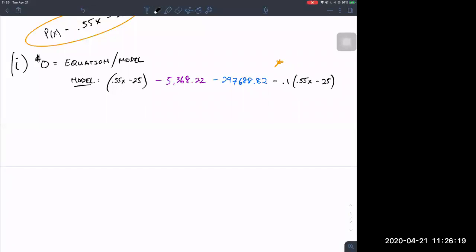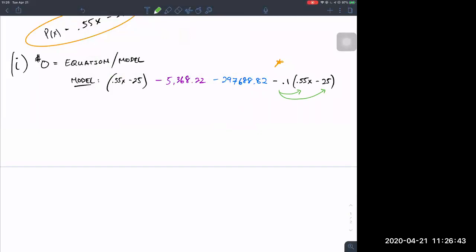Don't write this part down, but if in green you distribute this negative 0.1 and then set this entire model equal to 0, you will still get the correct answer as long as there are no algebraic mistakes.